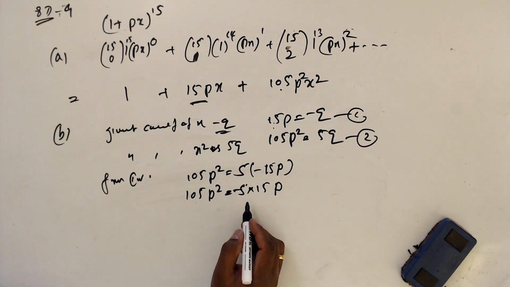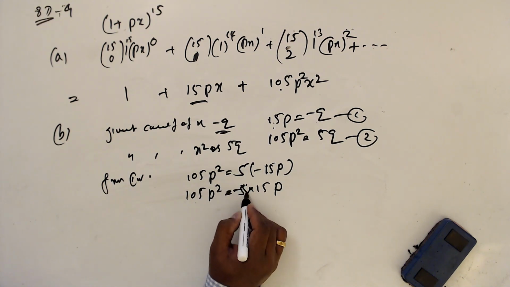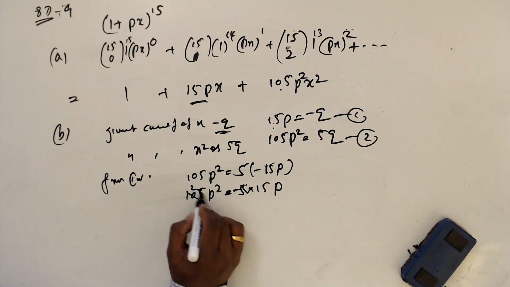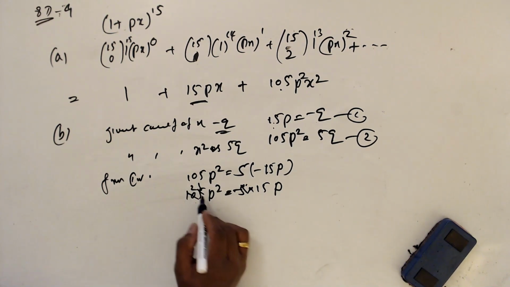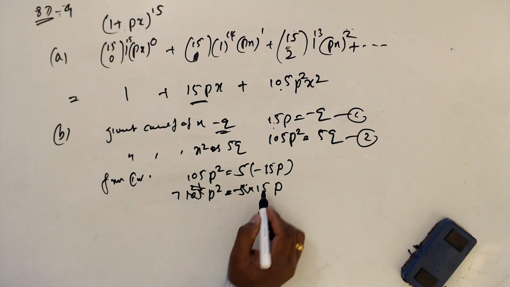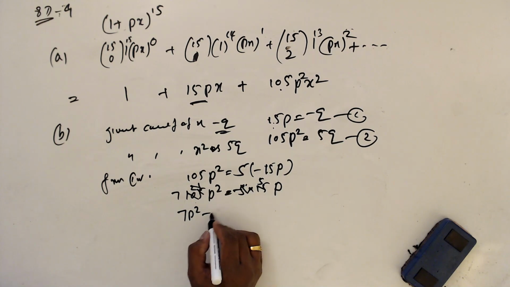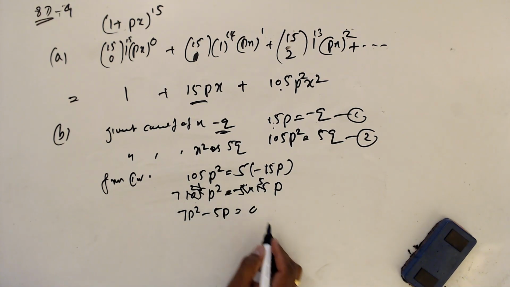So this is going to be 5, 21 and 3 and 5. So 7p square plus 5p equals 0.